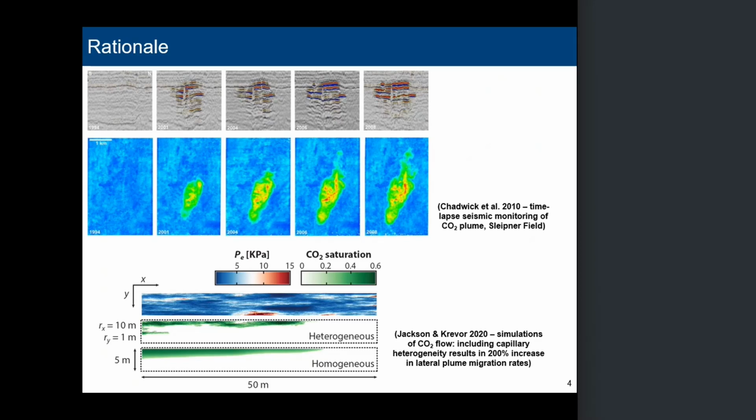In the bottom image, the capillary effects within the reservoir are uniform, so effectively the same rel-perm curve applies to all the rocks within that lower model. In the upper modelling, there's heterogeneity in the capillary properties. The model with heterogeneity gets breakthrough at this side of the model about twice as fast as in this more homogeneous model.